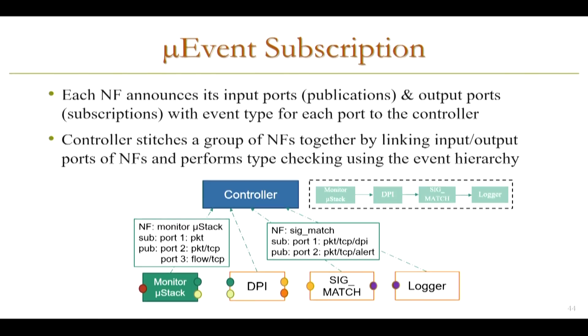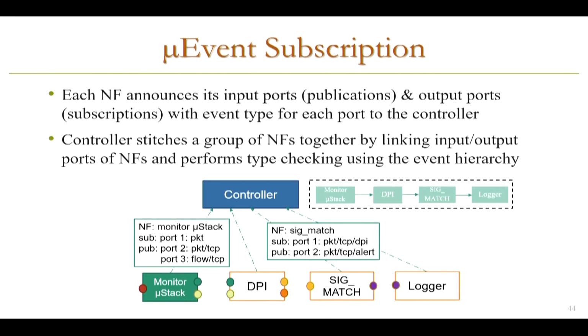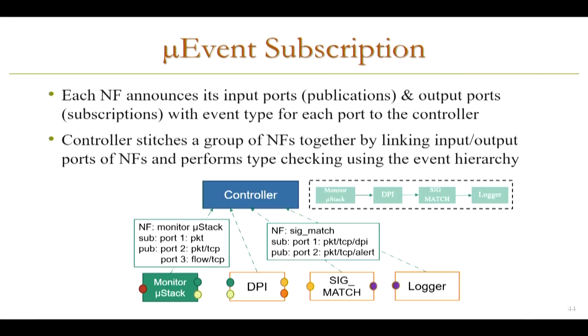Next, let's see how pub/sub works. Each NF announces its input ports, which are publications, and output ports, which are subscriptions, with the event type for each port to the macrobox's controller. The controller stitches a group of NFs together by linking input and output ports of NFs, and performs type checking using the event hierarchy to ensure NFs will be able to interpret incoming event messages.